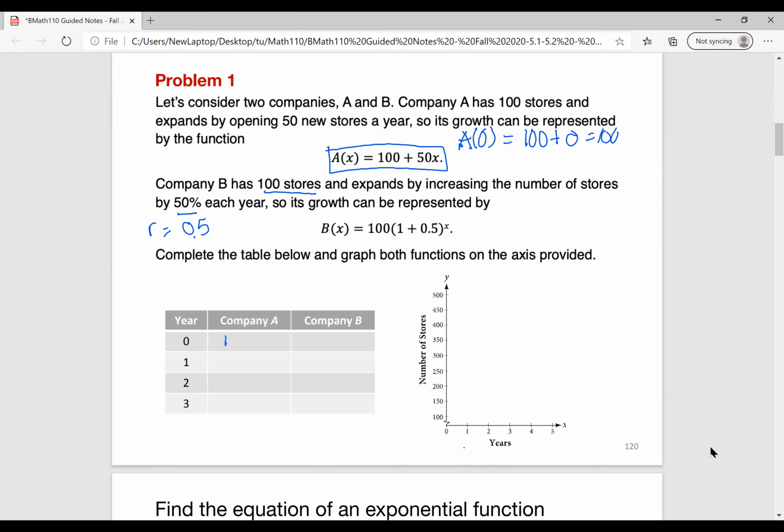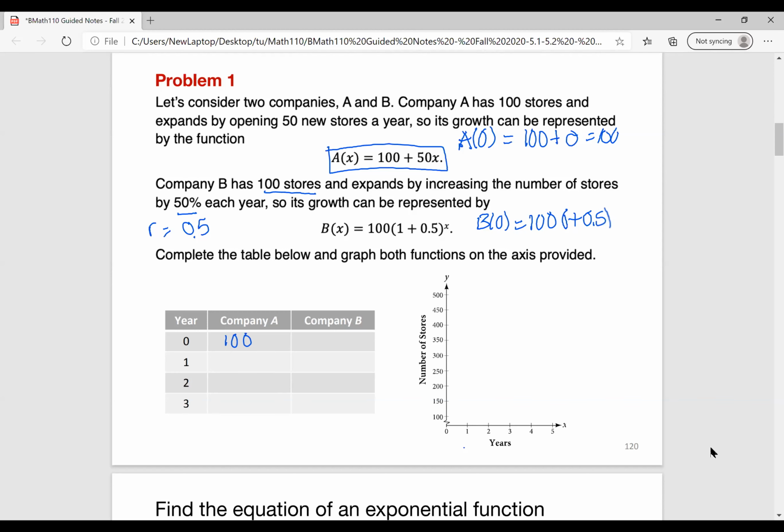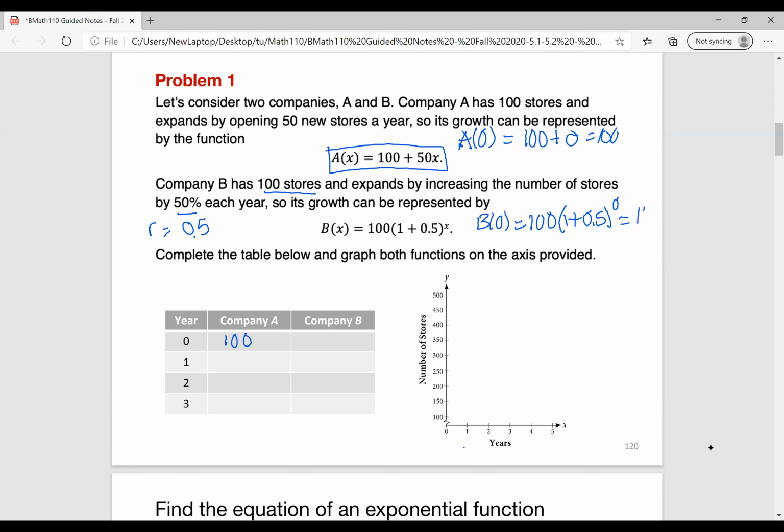So I put 100 here. Similarly, for B(0), what do I have? It's going to be 100 times (1 + 0.5) to the power 0. And everything to the power 0 is equal to 1. So that means 100 times 1, and that's equal to 100, right? See that?